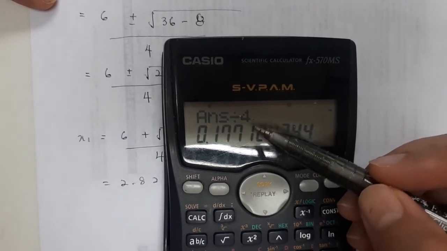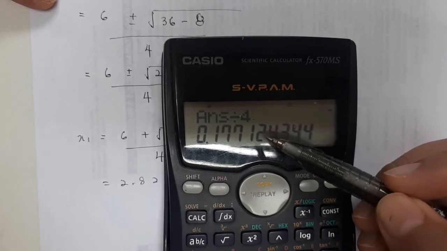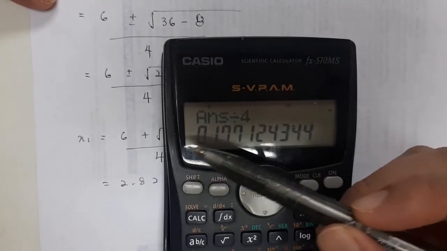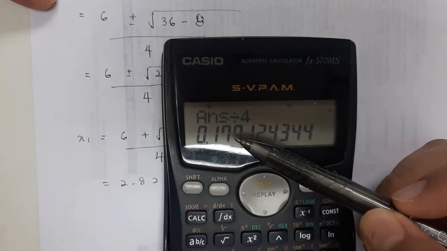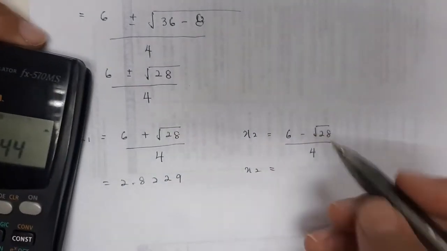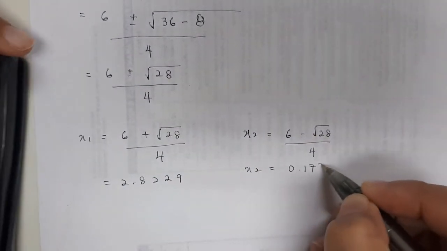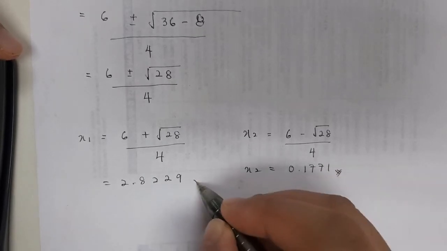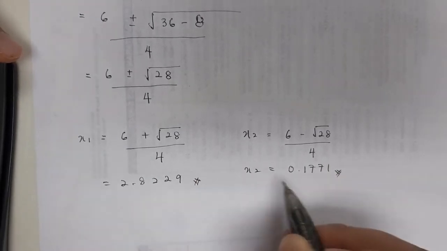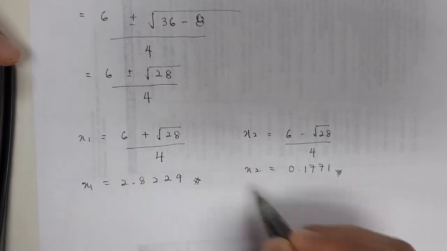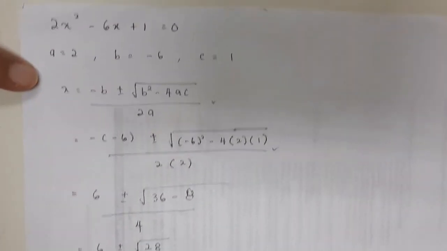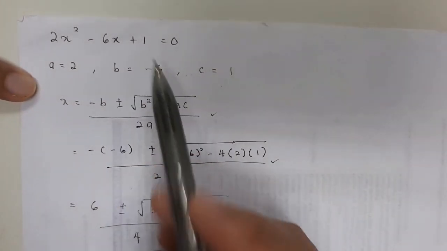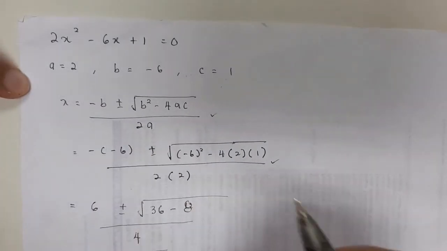Tak perlu, kerana nombor selepas 1 adalah 2. So the final answer is 0.1771. So these are the solution or the values of x from this quadratic equation by using quadratic formula.